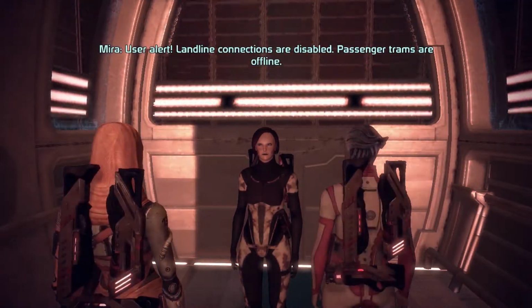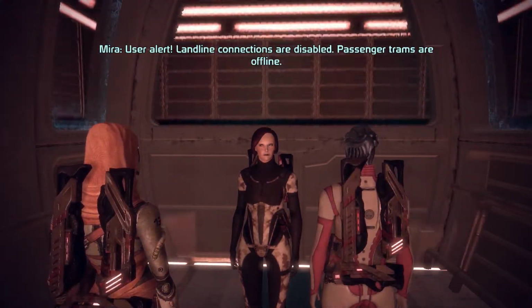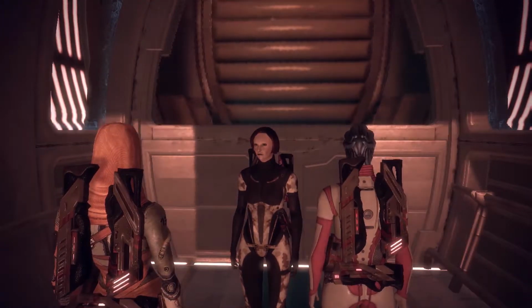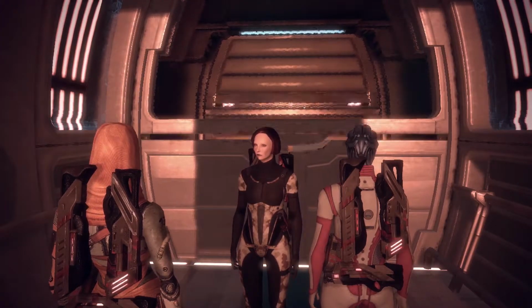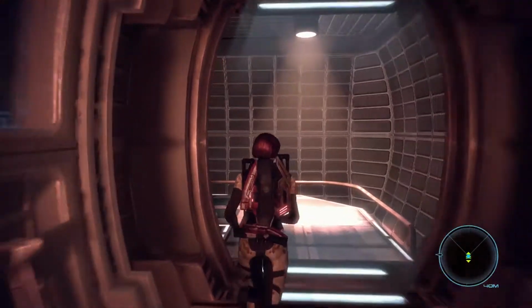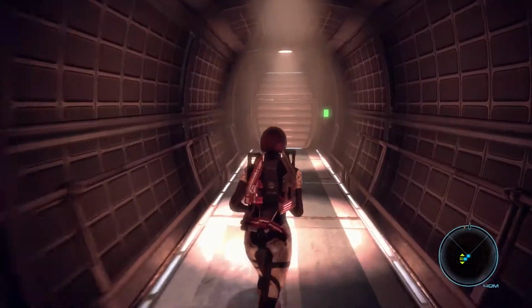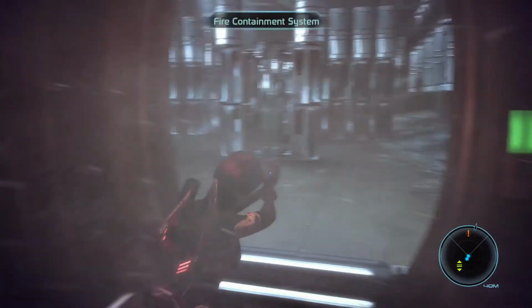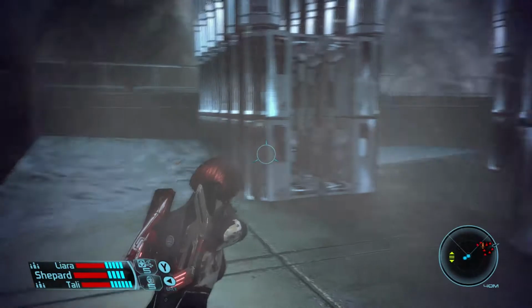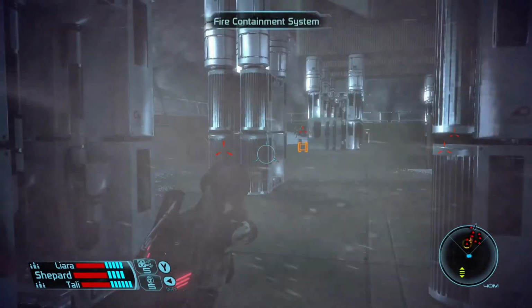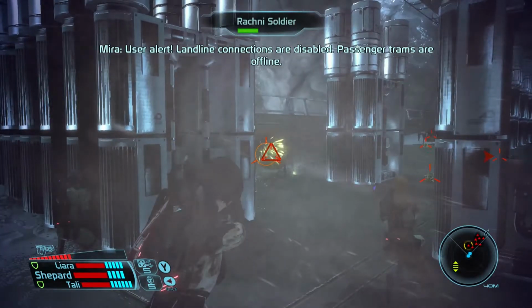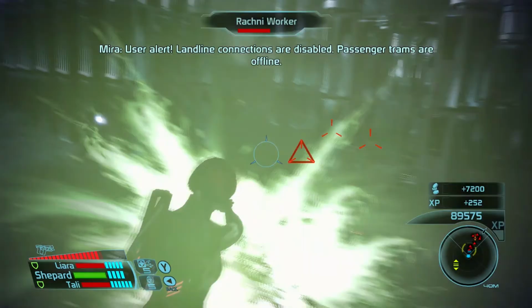Landline connections are disabled. Passenger trams are offline.